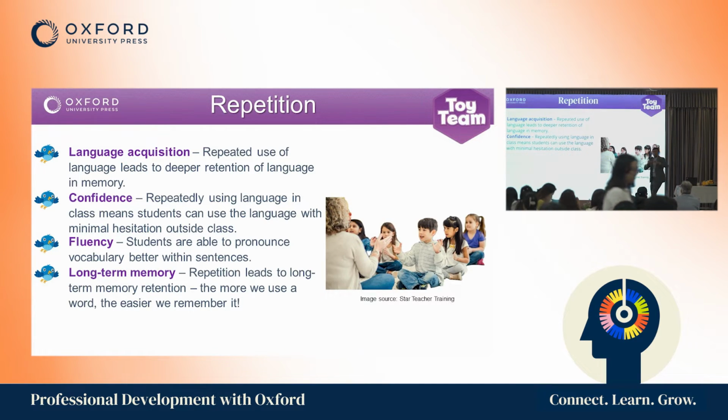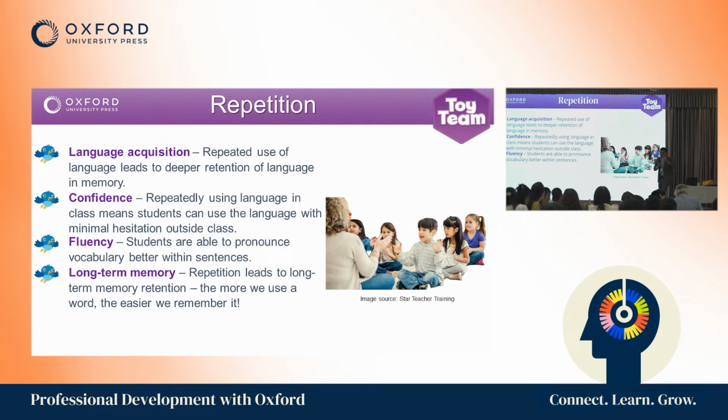It means that when they come to using the language outside of class, if they've used it multiple times in class in different contexts, they're more confident in using it with less hesitation outside class. If you've said something 10 times in class, you don't have to spend 5-10 seconds remembering the word that you need to use with the grammar structure, right? Feel confident in using it much more.